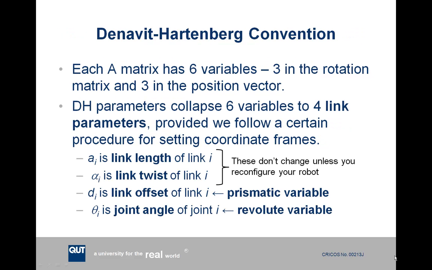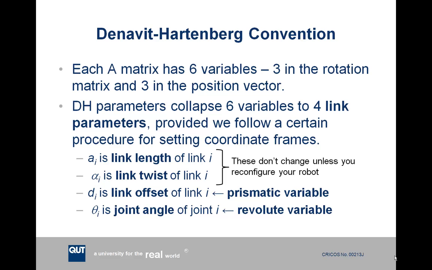So the convention we use to make life a bit easier for us and everyone else is called the Denavit-Hartenberg Convention. So first of all, a general transformation matrix has 6 variables, 3 in the rotation component, which is at the top left, and 3 in the position or displacement vector.